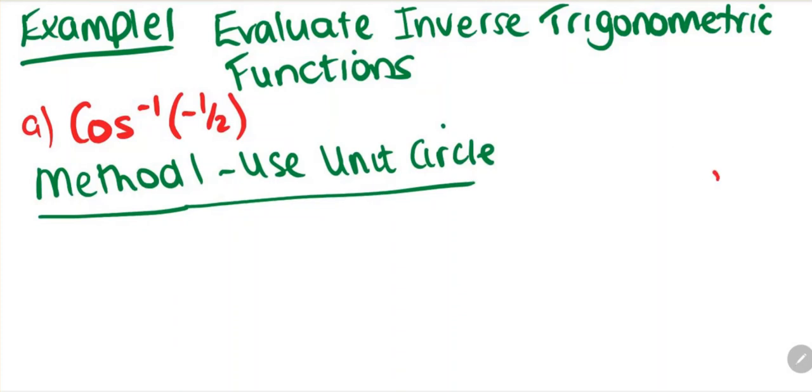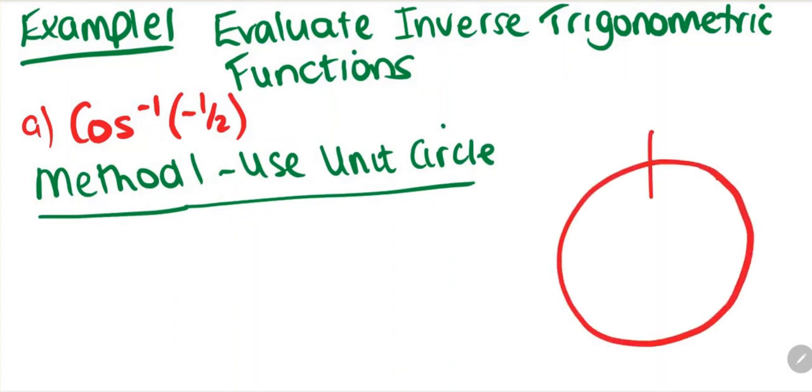So if we have our unit circle, we're looking for a point on our unit circle where the x value is minus a half.